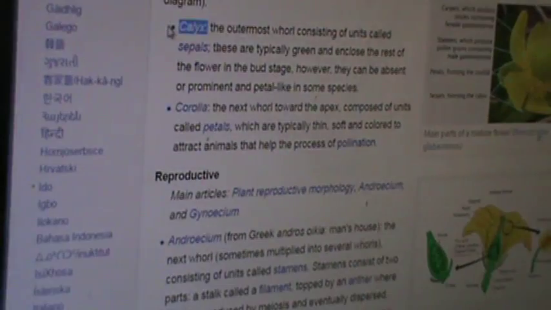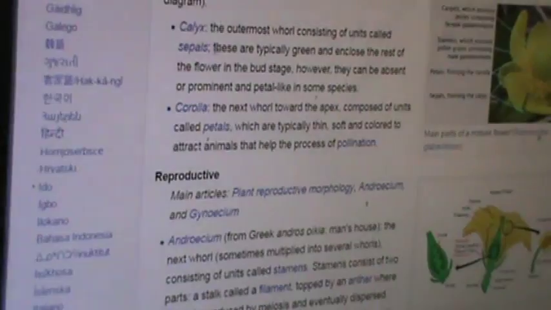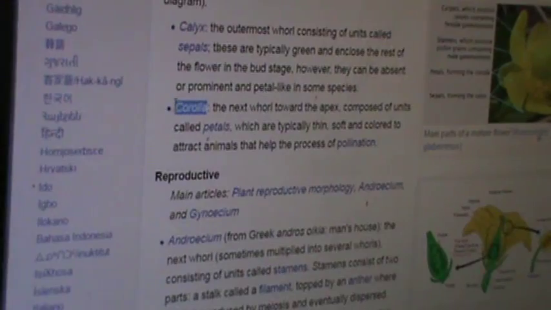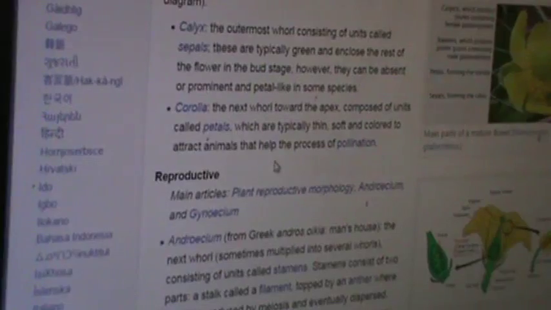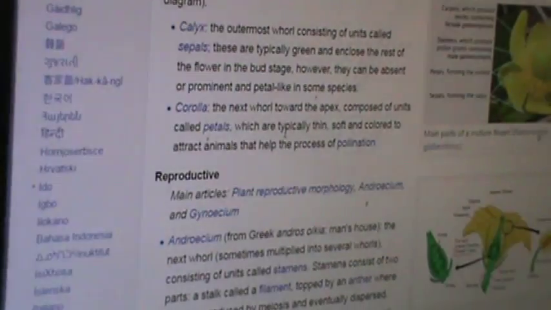So this is what I wanted to preach, is that calyx and sepals are the supporting, corolla is on top, +1, and petals, and they differ by 3. So, corolla, we talked about that, they differ by 3. Corolla, petals, father, consisting of petals, which would be sin. Okay.